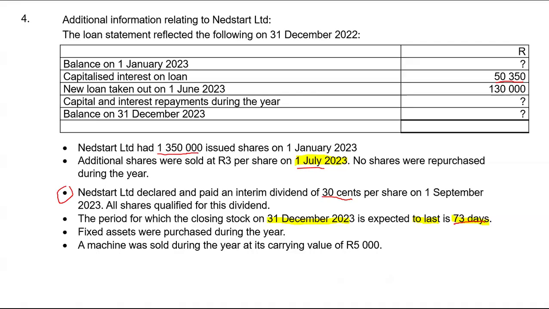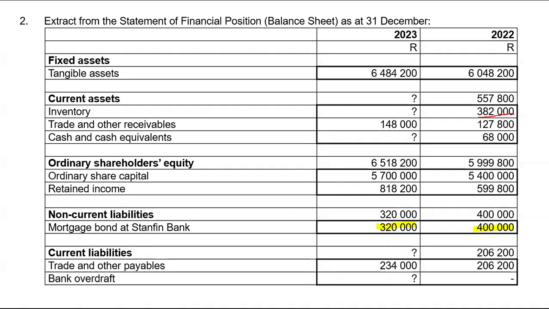So all I'm going to do, guys, is scrutinize everything. You will notice that I was given ordinary share capital for the beginning of the year as well as the end of the year. And they said there was no buyback of shares. It makes sense why it increased.